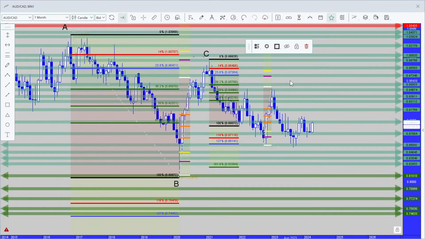Now let's see how smart you are. What do you understand from the contrarian Fibonacci on the Fibonacci of the confirmation?